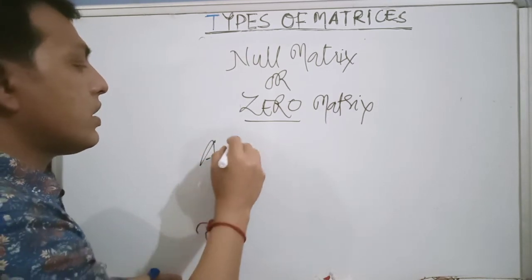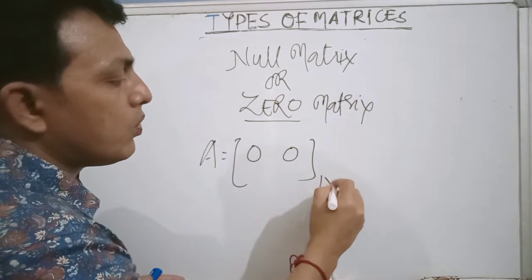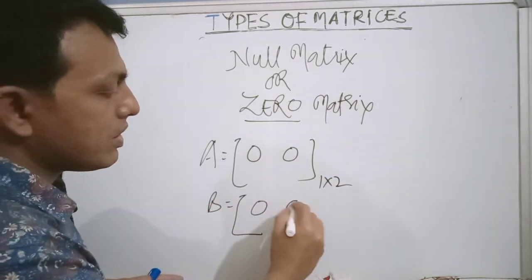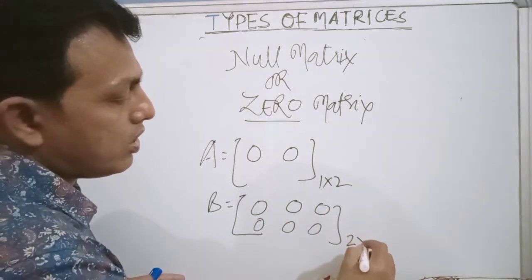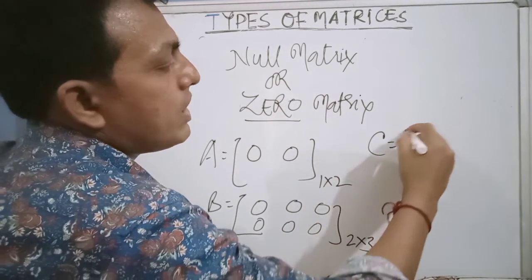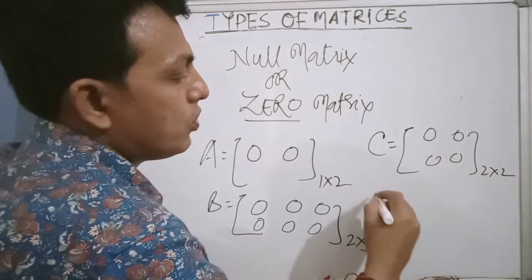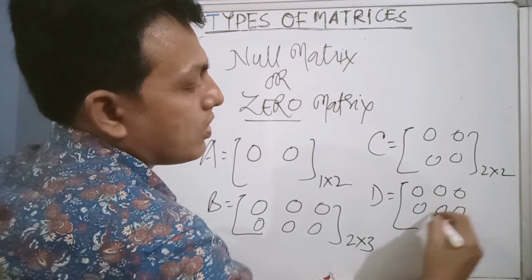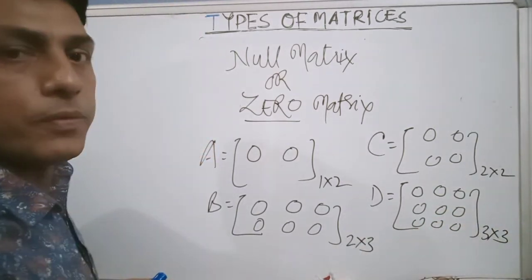Like a null matrix of order 1 by 2, of order 2 by 3, of order 2 by 2, of order 3 by 3.